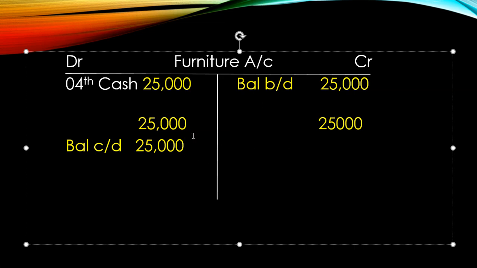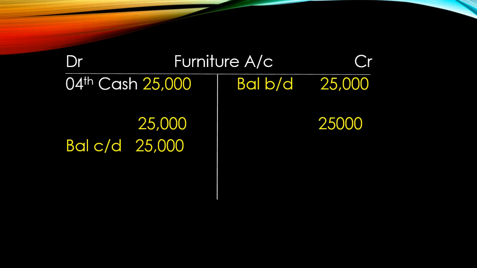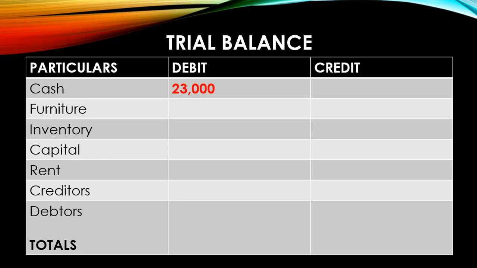So that is how you balance. So if you go to furniture, in the trial balance, furniture will stand at 25,000 on the debit side. So that is how you extract balances from ledger accounts to the trial balance.